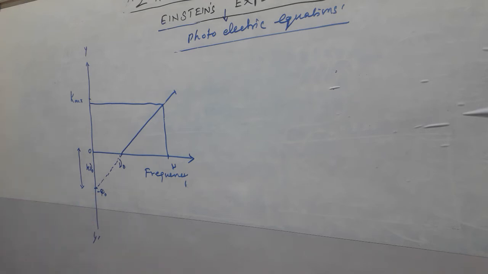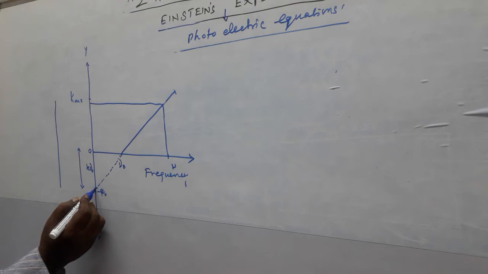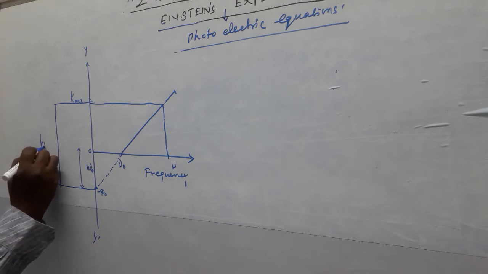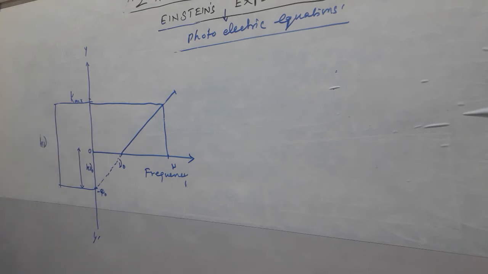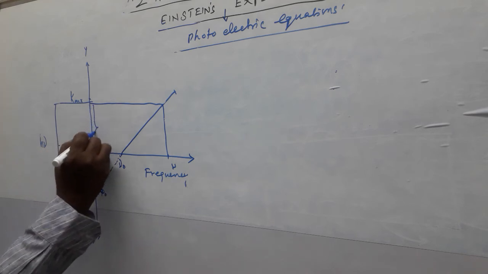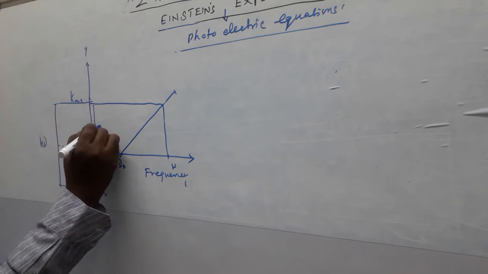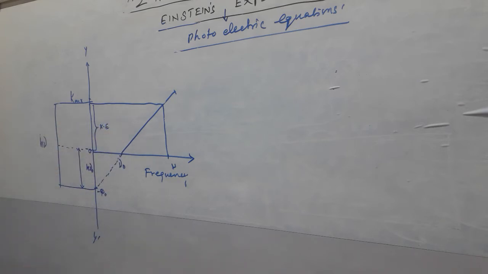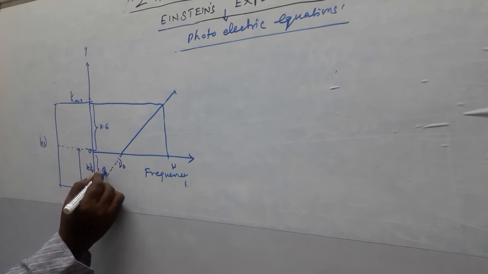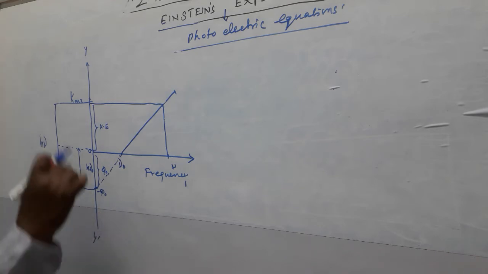Okay. The second one, here you have to consider the value of this level. This is called h nu. You have to consider this value. This amount of energy is converted into the kinetic energy of the electron, and this amount of energy is equal to the work function needed to bring the electron inside the metal to come outside.